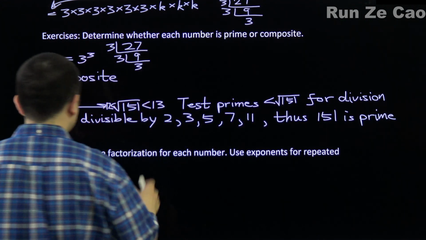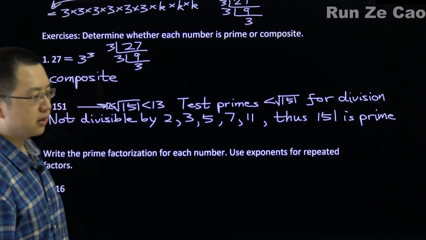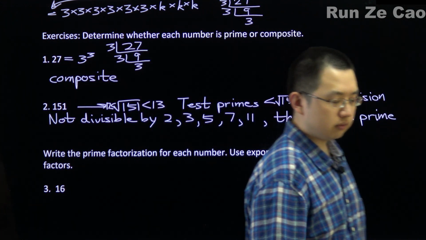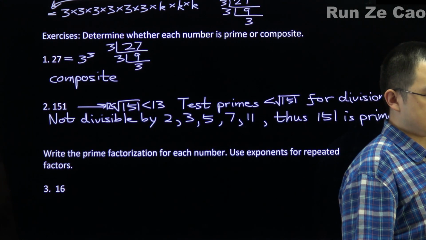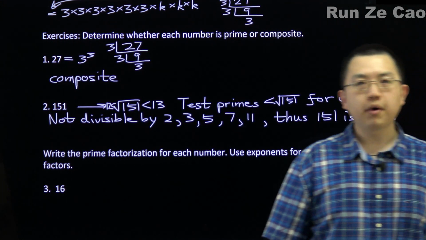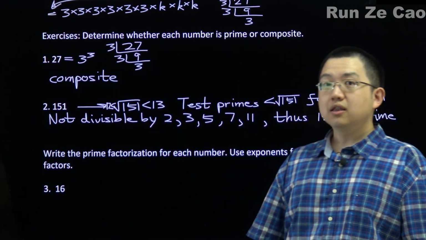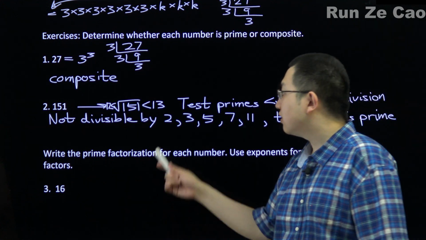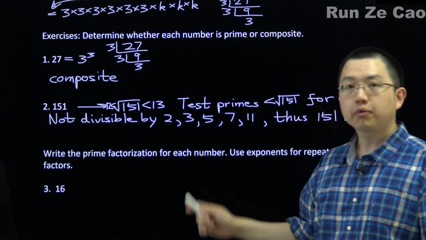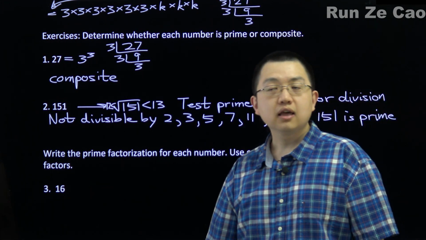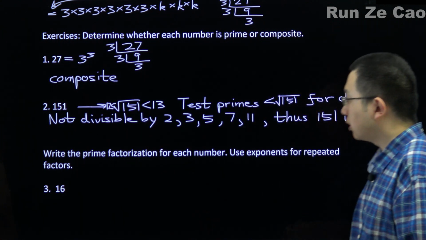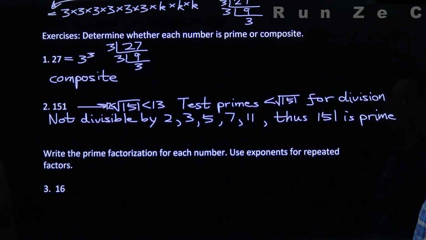Because factors will come in pairs unless the number is a perfect square. And if it's divisible by a composite factor that's less than its square root, then it would have been divisible by one or more prime factors already that are less than its square root. Like say a number is divisible by 12.